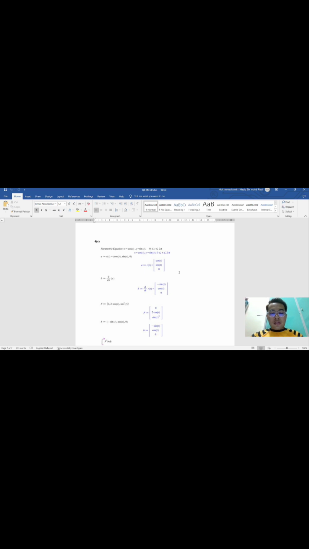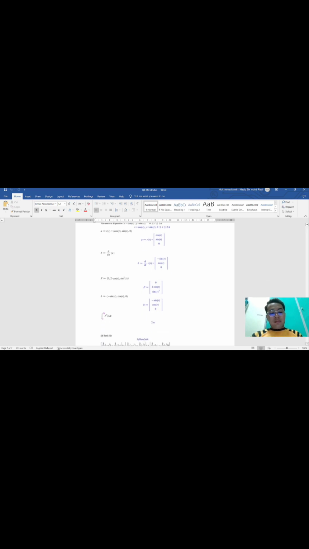You get negative sin t, cos t, and 0. F equals (0, 2 cos t sin cubed t). B equals negative sin t, cos t, and 0. So integrate from 0 to 2 pi f dot b dt.